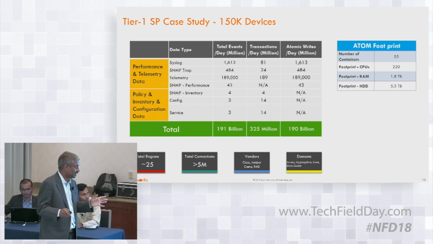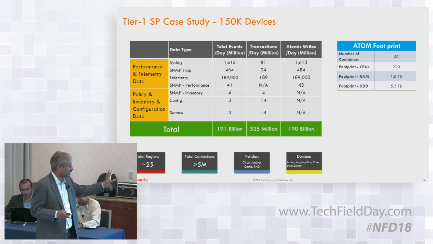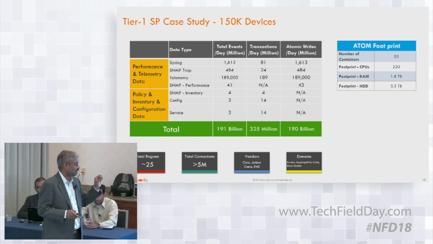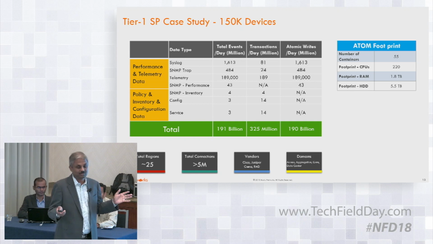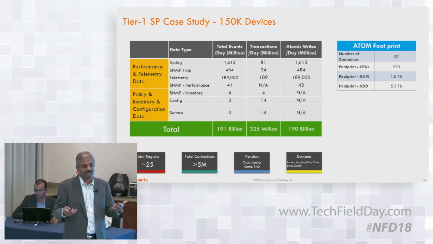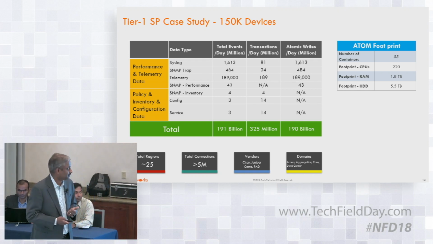They have different domains including access, aggregation, core, data center, and mobile packet core. You can see billions of atomic writes, millions of transactions, and billions of events per day from that size of network. This is the scale we want to support for our customers.